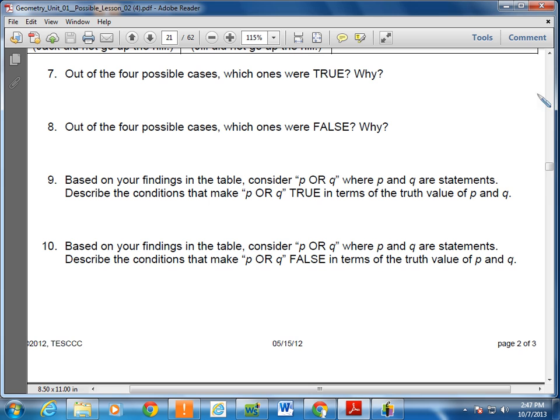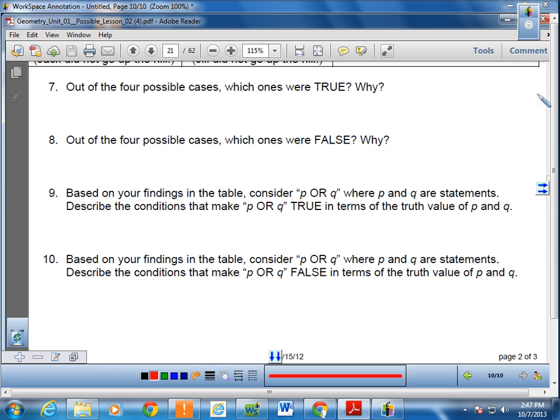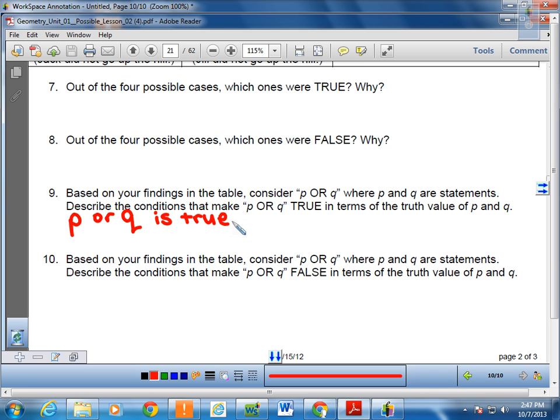And to answer number 9, we're going to say P or Q is true when one or both statements are true.